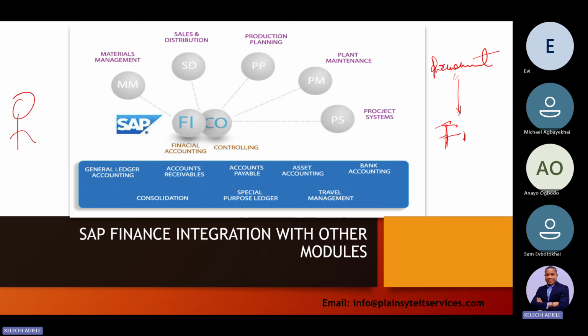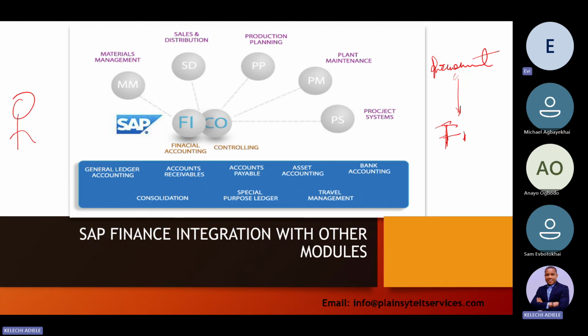SAP also has tools they use to manage projects within the system. If your company is into implementing projects, let's say your company is into construction and you want to use the project management solution in SAP to manage your end-to-end project work, just like the way we did a project plan on Excel, you can do a project plan in SAP also. That sits under project systems.